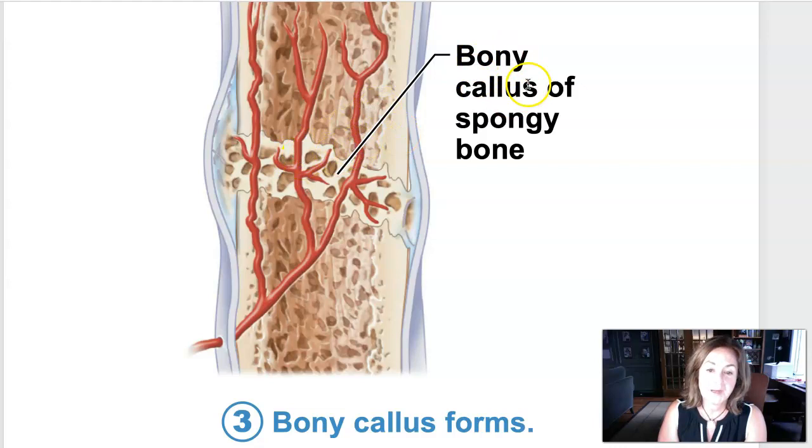At probably 4-6 weeks, bone will replace all of that soft callus, and that's called a bony callus. This is the point where the repair is considered complete because bone has filled in the break, and the cast can come off, and you can bear weight and that kind of thing. But as you can see in this picture, the new bone doesn't match the existing bone, so remodeling will take place for years after this, and that will keep minimizing it.